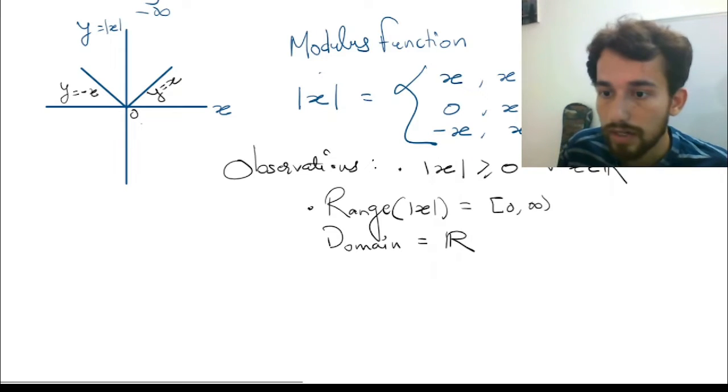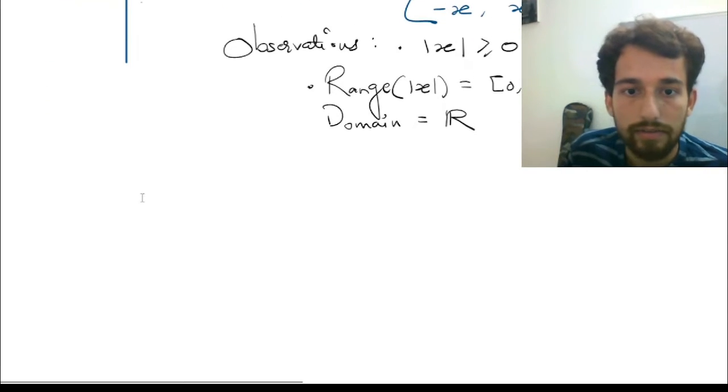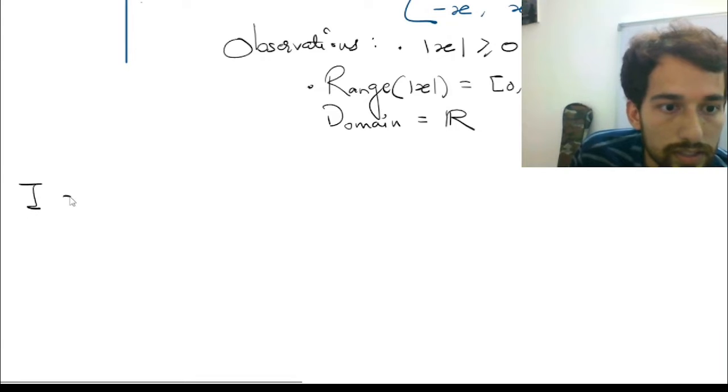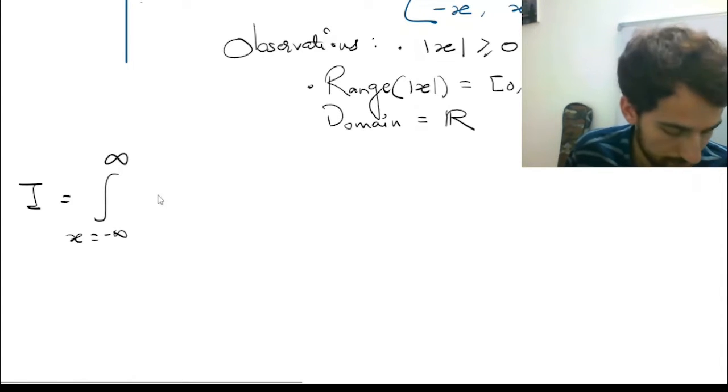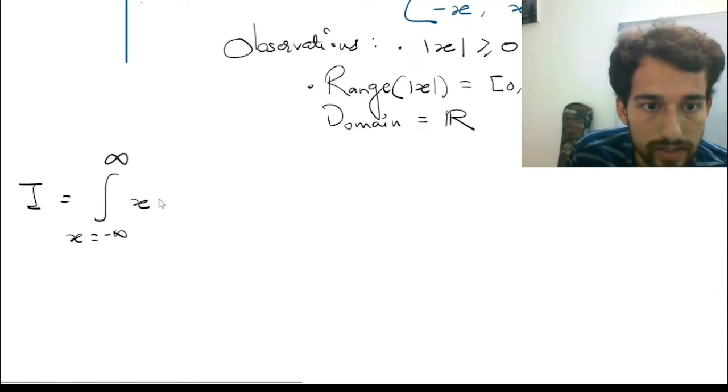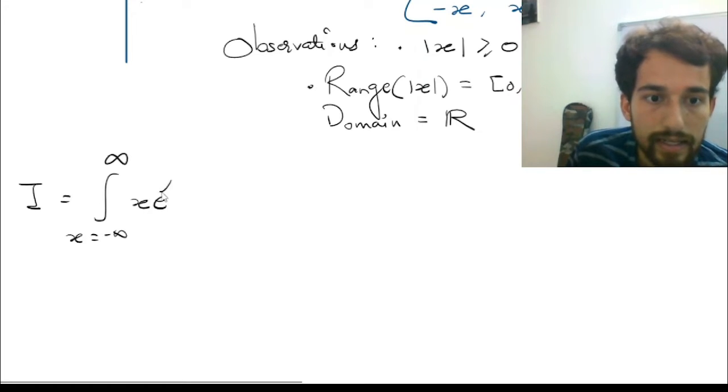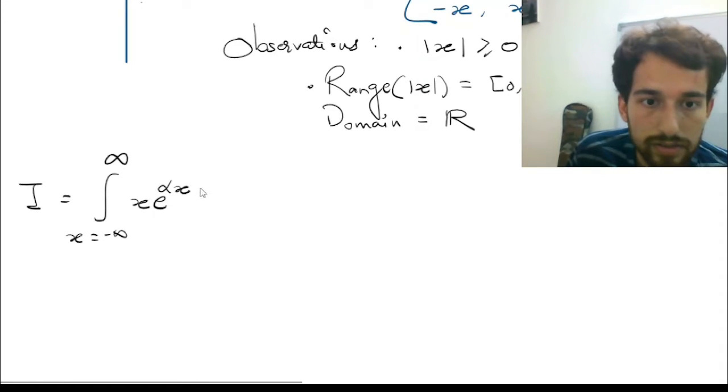Fine. So now let's move ahead with the integral. Let me quickly note down. This was our I. Our x was varying from minus infinity to infinity, and this is the integrand, x e to the power alpha x minus twice mod of alpha x dx.